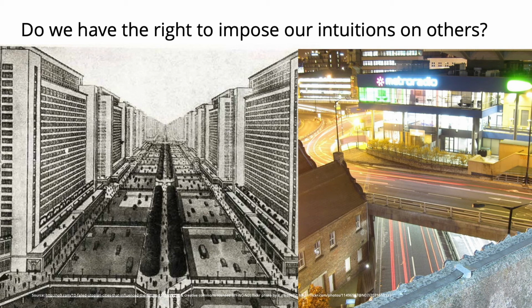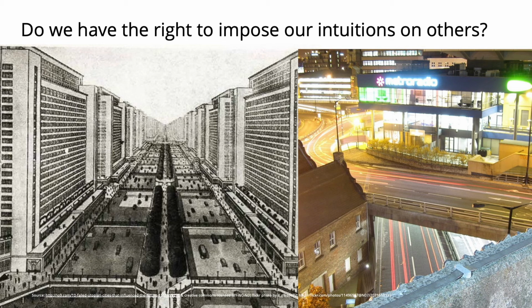However, on the right, there's an example of a motorway that goes right through the middle of Newcastle in the UK. And you'll notice that there's a number of houses that are almost attached to the motorway. These houses were actually part of a row of houses, and the houses in the middle and on the other side of the motorway were demolished. What this did was it destroyed a very large community. It meant that people who lived very close to their family no longer could.